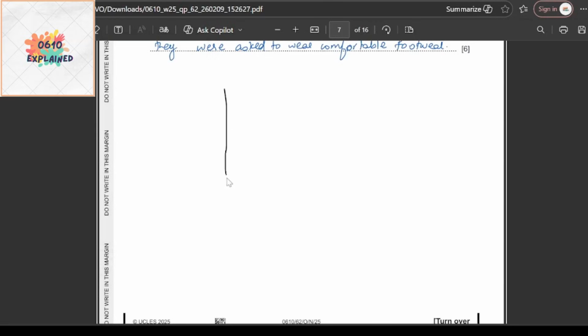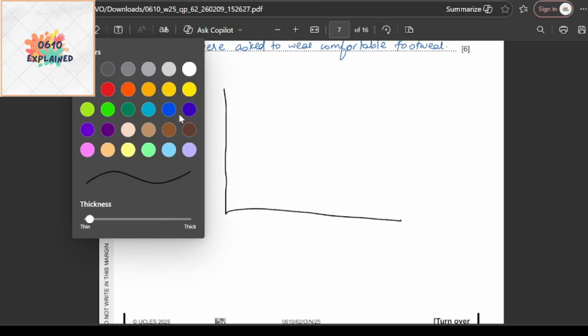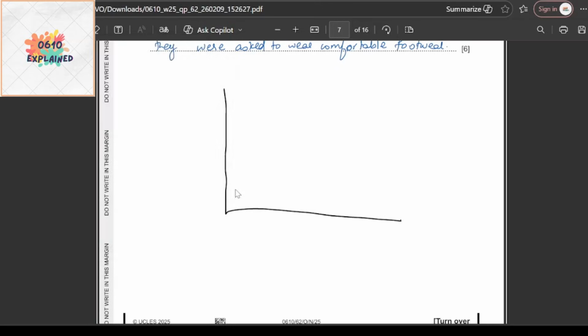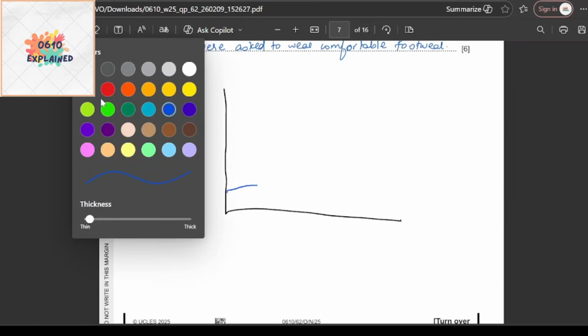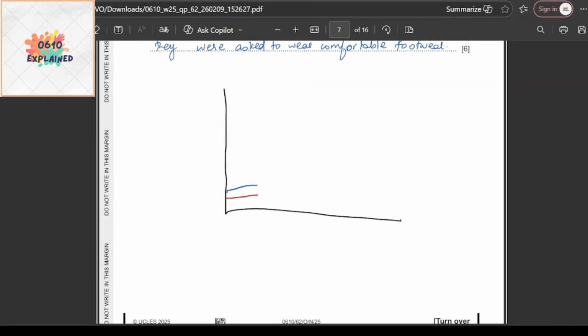So if we see it with a graph, okay, I am going to draw that this is the level of oxygen in the body and the red one I am putting as the level of lactic acid in the body.